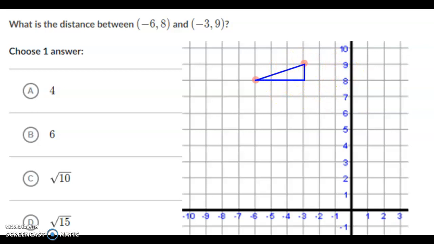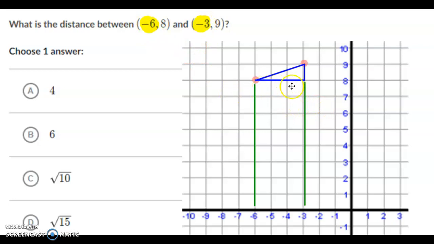This is what I wanted to show you. We look at this distance in here and we can see that it's 3 squares. So what we're going to do is take those two numbers, the -6 and the -3, only looking at those two numbers.